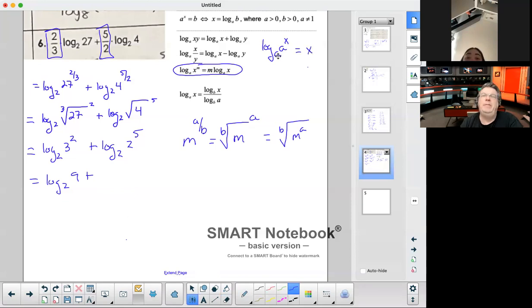So if your base is the same as the argument, the logarithm is equal to the exponent, which makes sense if you think about going to exponential form, because you would go a to the x power equals whatever is here, right?